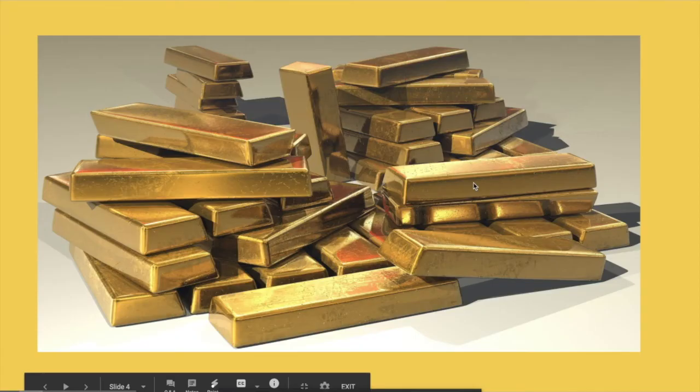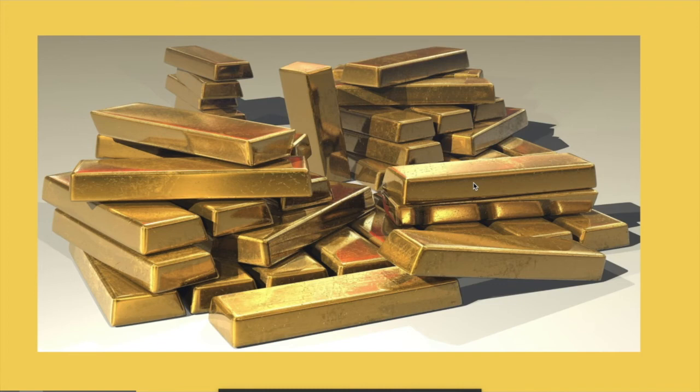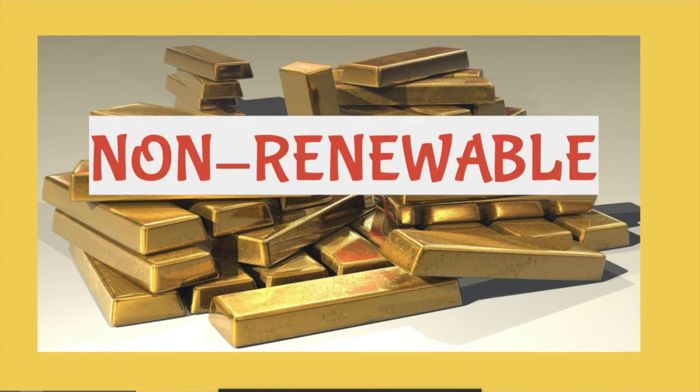Our next resource is gold. Is gold a renewable resource or a non-renewable resource? Gold is a non-renewable resource. Gold is an earth material that is found in the ground.